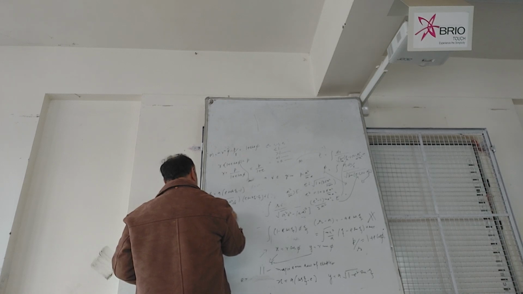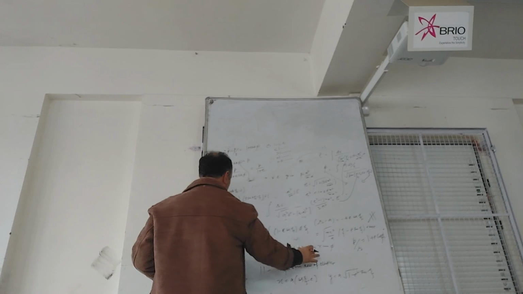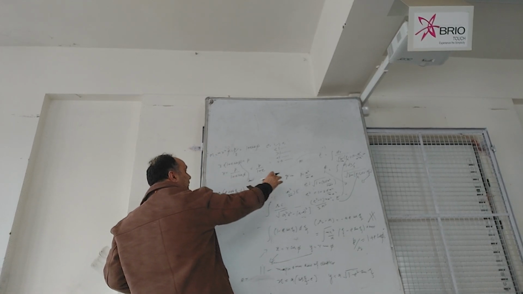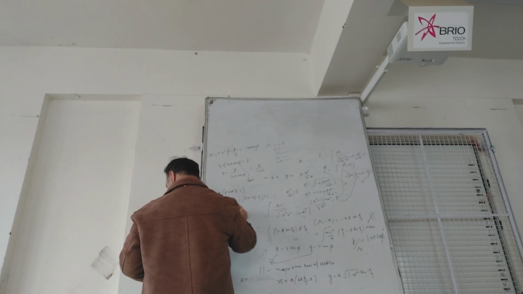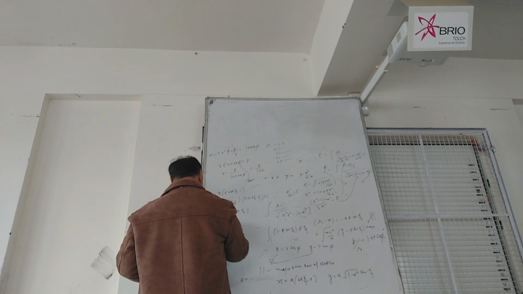X will come out to be. This is already solved in terms of X and Y. The last one. This was the earlier one here. And the last one, we have X. Y will come out to be.